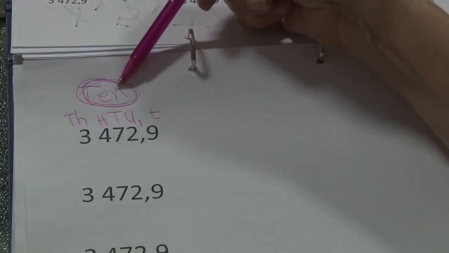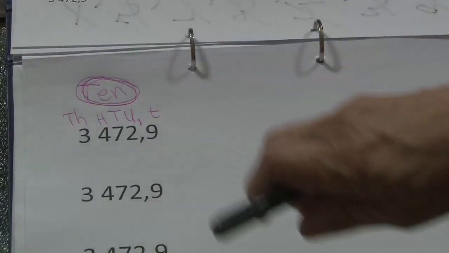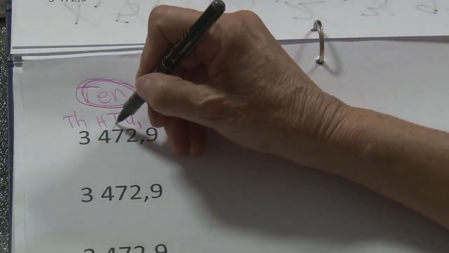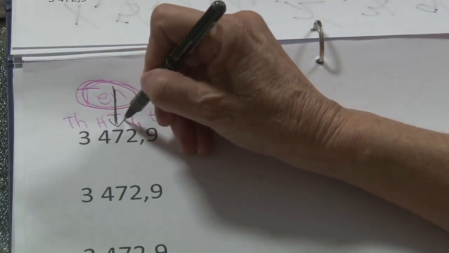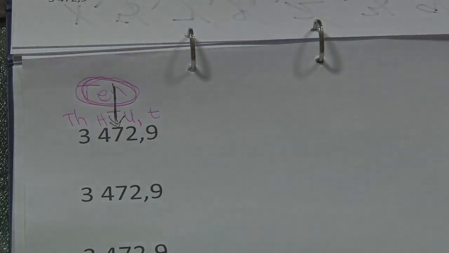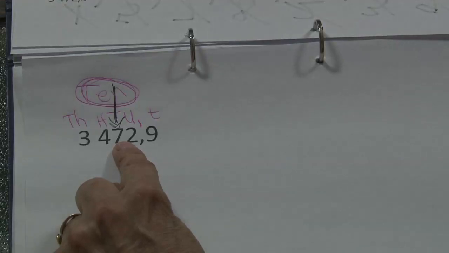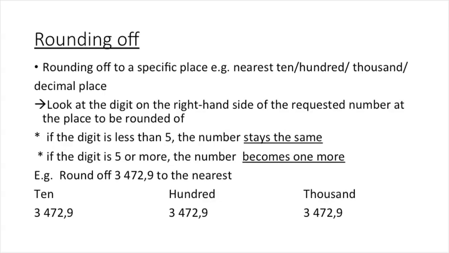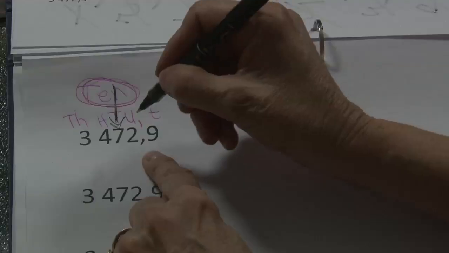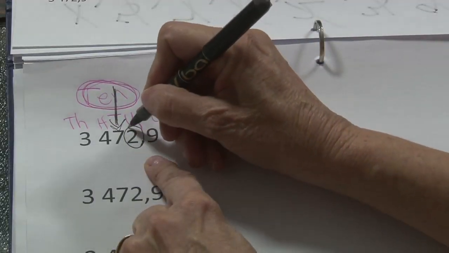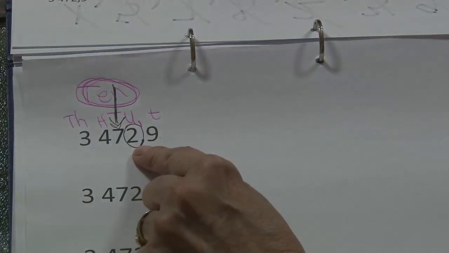So what they ask me is to round off to the nearest 10. Now I draw an arrow at the top of the 10. So when I round off, 7 will stay 7, or it can change to 8, depending on the number on the right-hand side of the 7. So the number on the right-hand side of the 7 is 2.